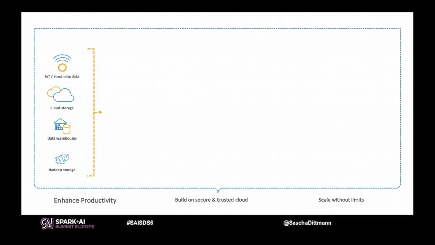Coming back to Azure Databricks, what is the idea behind it? When you look at the Azure landscape, you've got several services. Things like Kafka based on HD Insight, things like our Event Hubs, which is a fully managed event queue, and other services. Which means on the left-hand side, you've got all the data sources, IoT, storage, and so on.